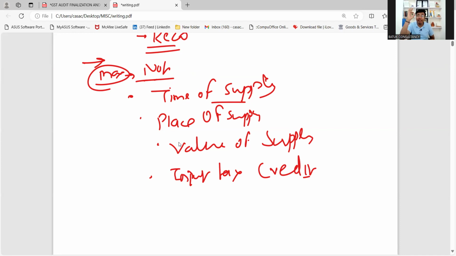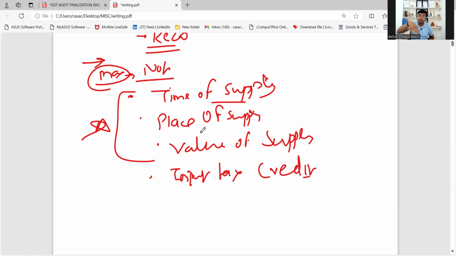Although the input tax credit plays a very important, a very unique role, the first priority is on these three segments, because you all know very well about the input tax credit. आप लोगों को idea है, and you are going to identify multiple revenue leakages. You are going to identify multiple defaults in compliances from the input tax credit perspective, but we are not able to check the complete details related to time of supply, place of supply, and value of supply.